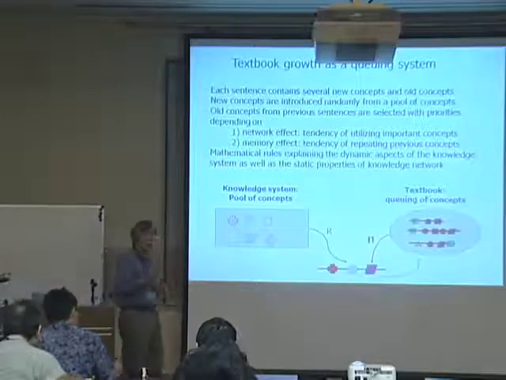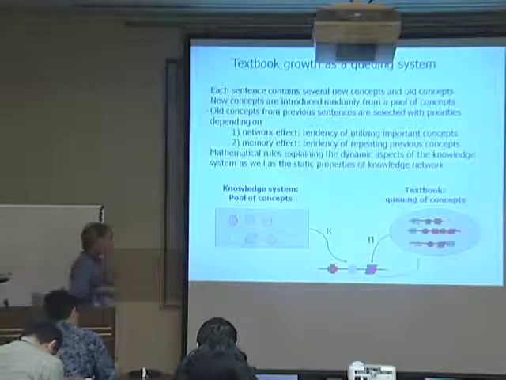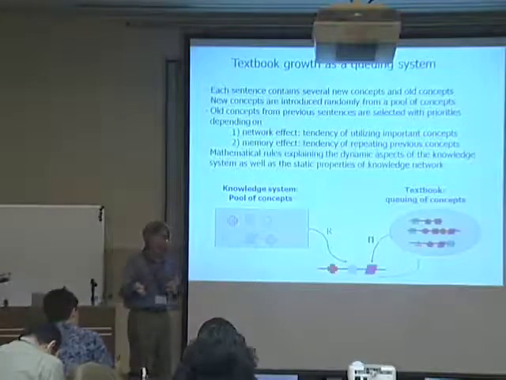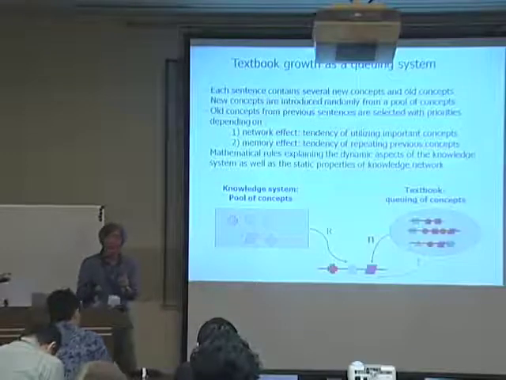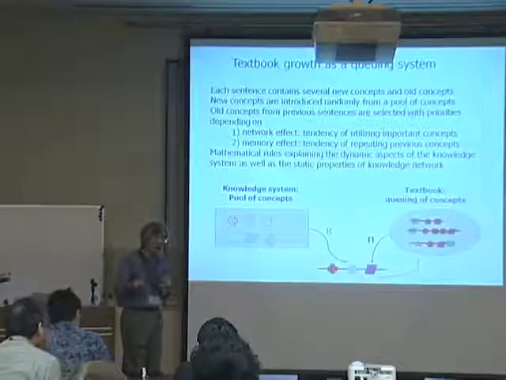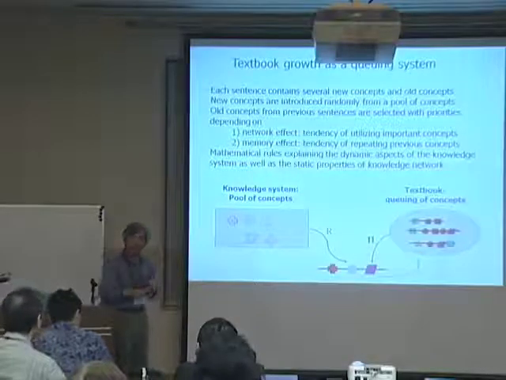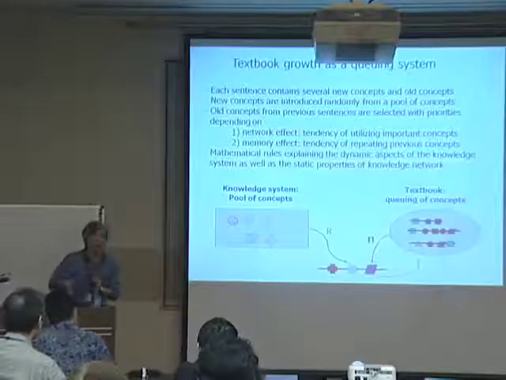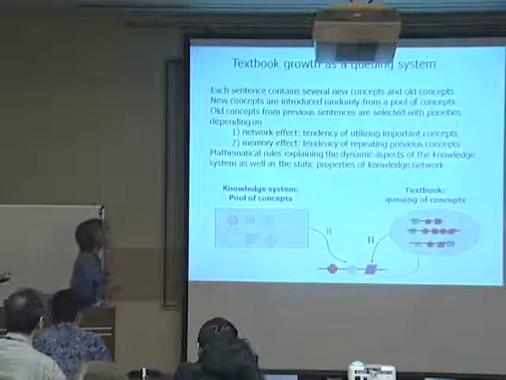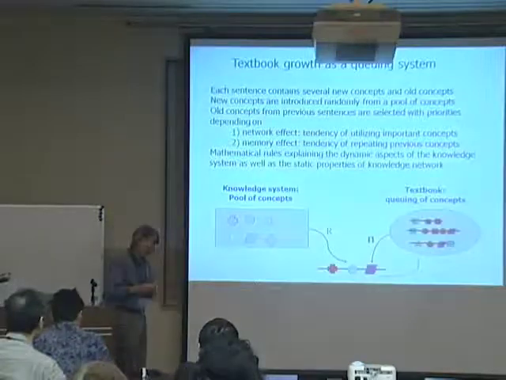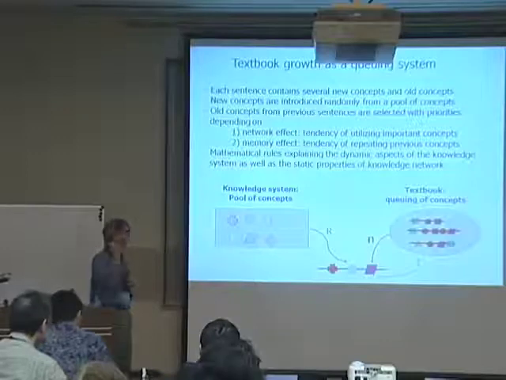Here we have two effects, like evolution in nature, where two effects compete: one is natural selection, the other is inheritance. These two make nature evolve. Very much like that, we have two effects. First, when you write a new sentence, we have a tendency of introducing important concepts.